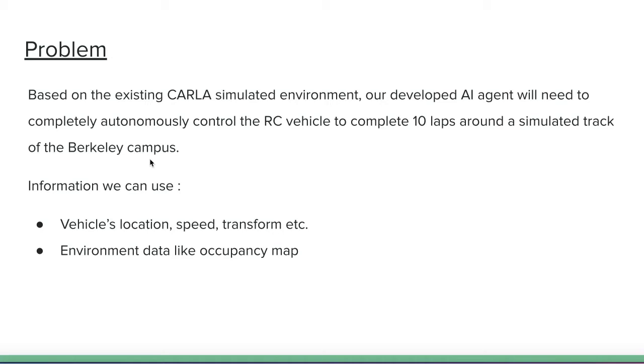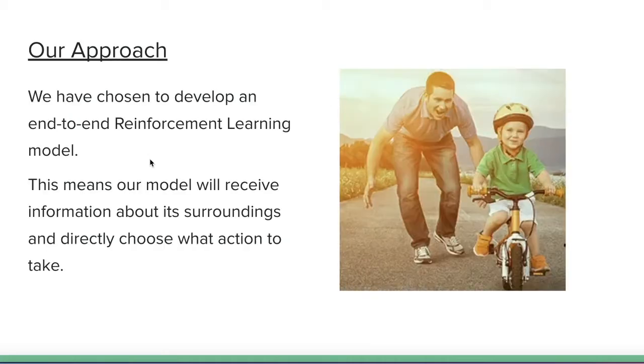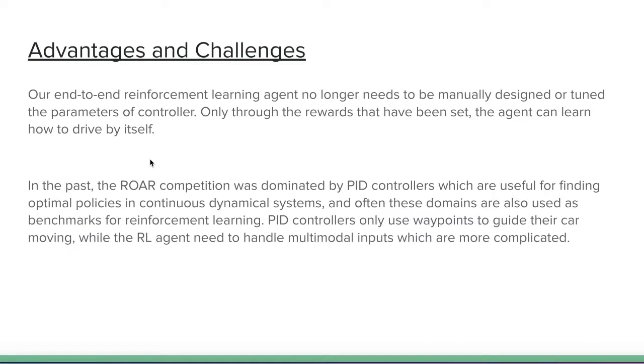We have developed an end-to-end reinforcement learning agent to do self-driving based on the existing CARLA simulated environment. This means our model will receive information about its surroundings and directly choose what action to take. Unlike previous traditional controller models like PID, our agent no longer needs to be manually designed or have its controller parameters tuned.